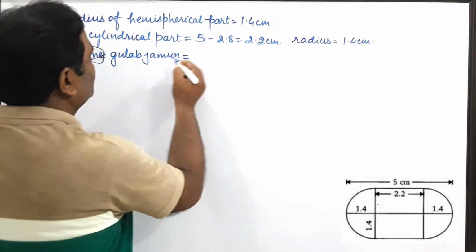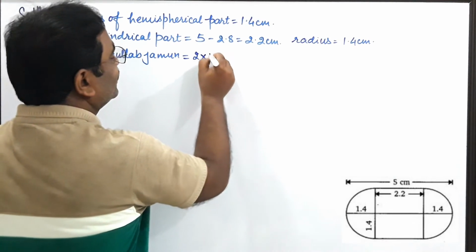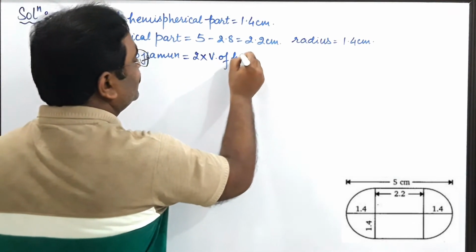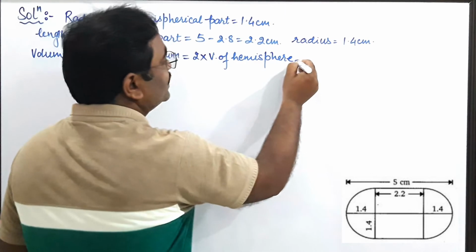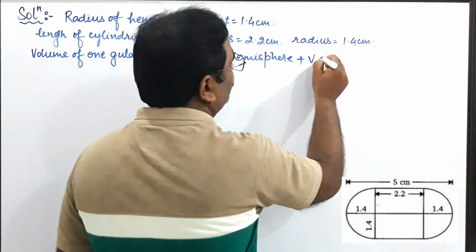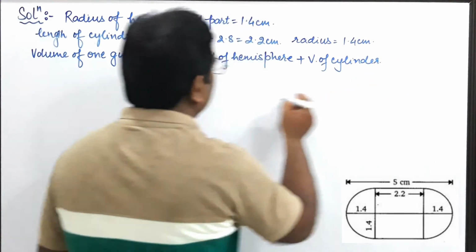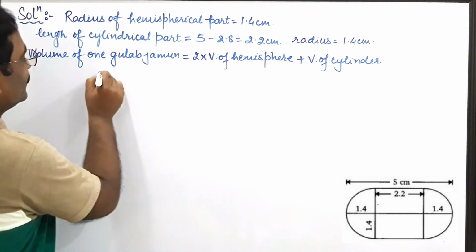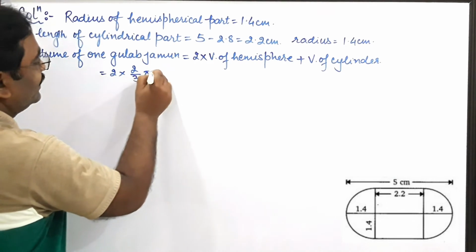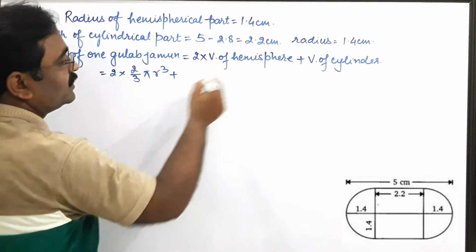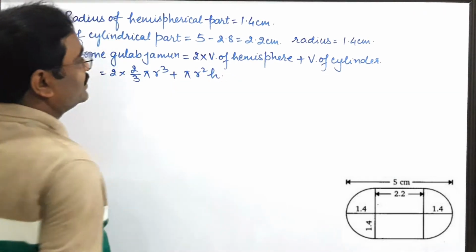So the volume of one gulab jamun is equal to 2 multiplied by the volume of hemisphere plus the volume of the cylindrical part. You know that the volume of hemisphere is 2/3 pi r cube, plus the volume of cylinder is pi r square into h.